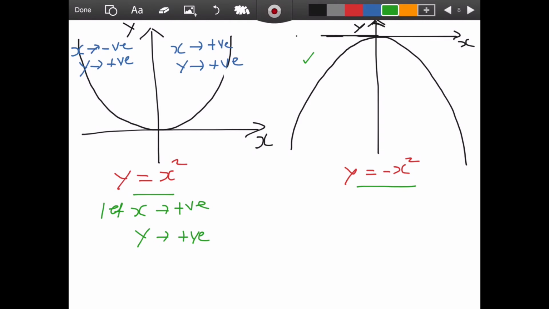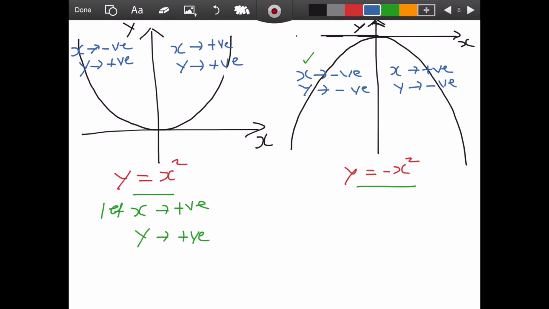Okay, how about this one? This graph. In this quadrant, when x is positive, we have y to be negative. How about this quadrant? When x is negative, we have y to be negative, right?